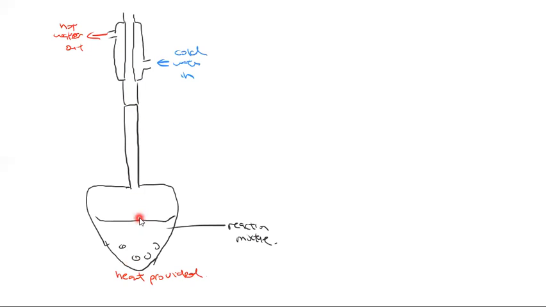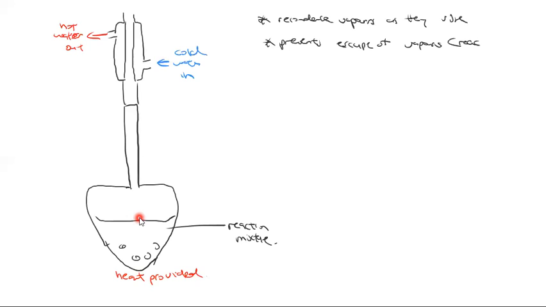So the purpose of this is to recondense the vapors as they rise, and this prevents the escape of vapors, both reactants and products. That is helpful both in terms of yield, but also in terms of all the safety things that we talked about as well.